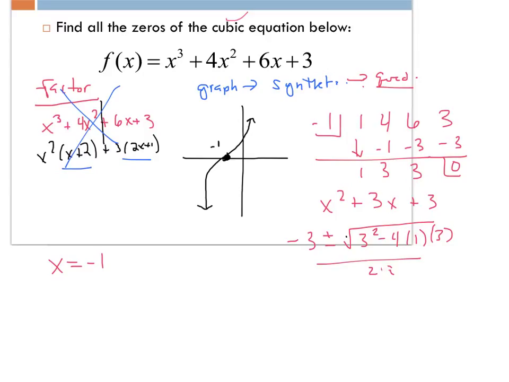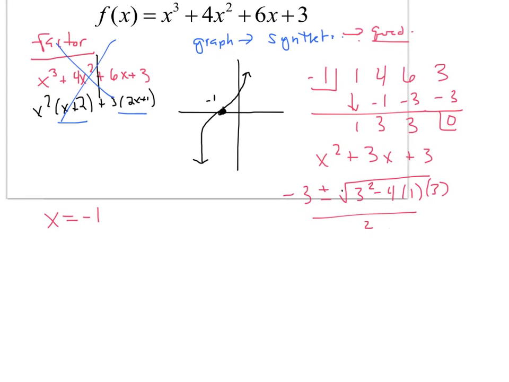Let me erase this and simplify that. I have -3 plus or minus the square root of 9 minus 12. Already I'm seeing underneath the radical that 9 minus 12 gives me a negative number. So we have -3 plus or minus the square root of -3, all over 2.